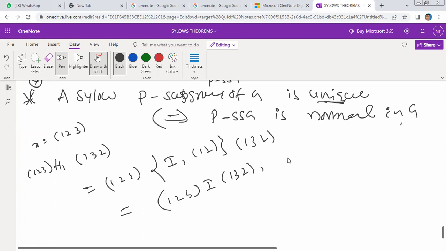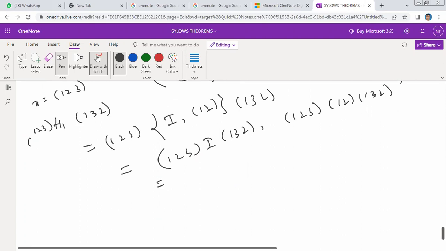Then (1 2 3)(1 2)(1 3 2). This is equal to identity, which is nothing but identity. This is the inverse of this one. This again it is I. Is it clear? Because (1 2 3) inverse is (1 3 2). Therefore this is the same. What about this one?